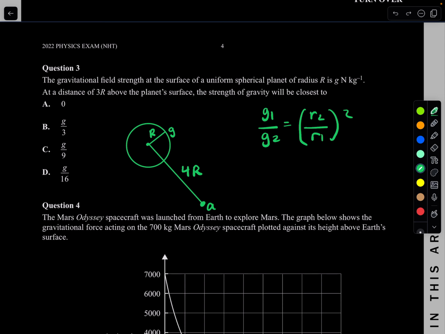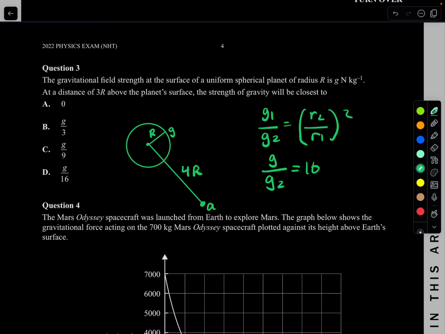So your G1 is just going to be g. We want to find G2, which is equal to your radius 2, which will be 4r, all divided by the radius 1, which is this r over here, squared. And so these will cancel out, and then the 4 being squared gives 16.